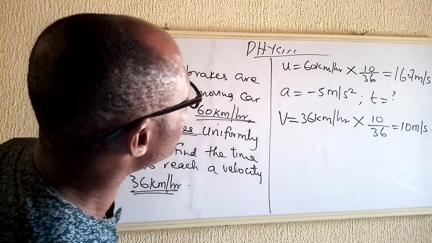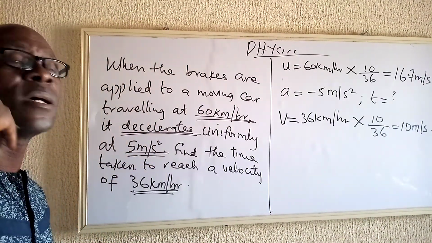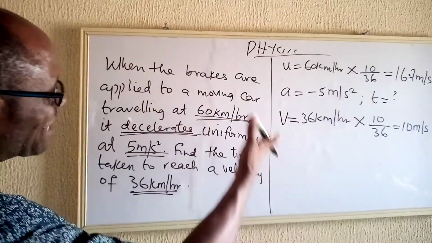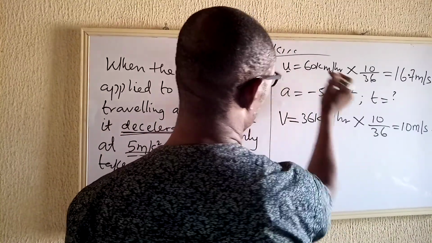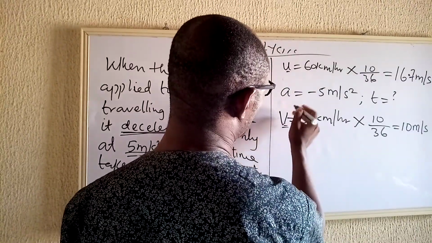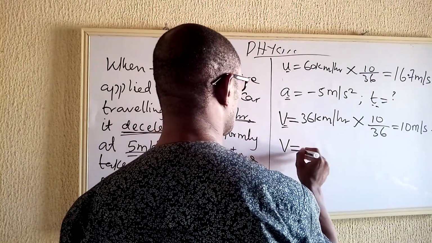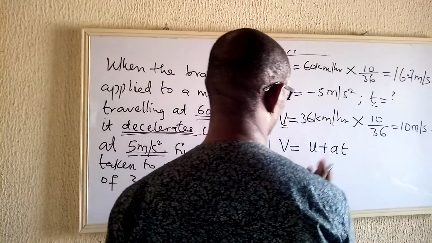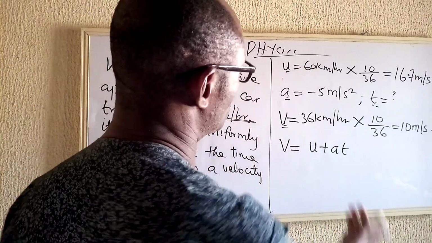Now, having done this, we think of the relevant equation of motion that is applicable to solving this problem. We are given U, we are given V, we are given A, and we are looking for t. Of course, the applicable one is V equals U plus at, because we have everything given, including what we are looking for.